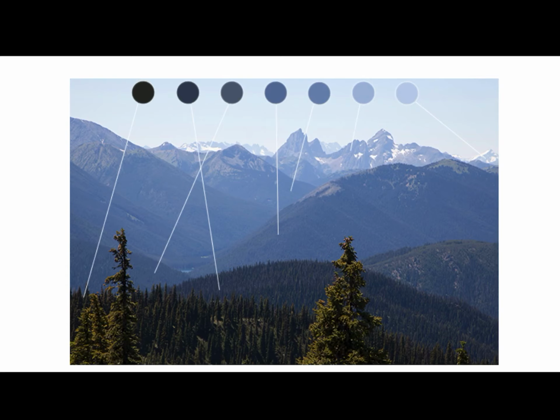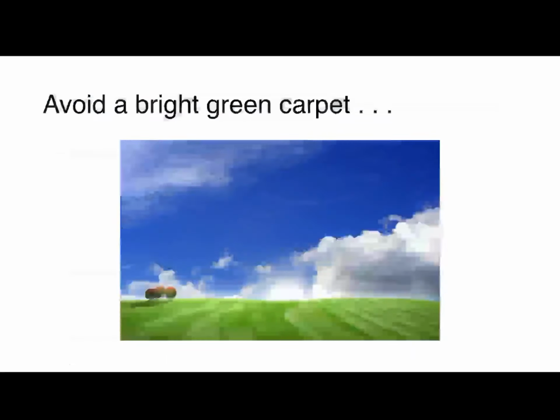We are going to begin using these concepts by simply painting a sky and ground. And I'm going to show you the bad example first. We want to avoid this feeling of bright green carpet.